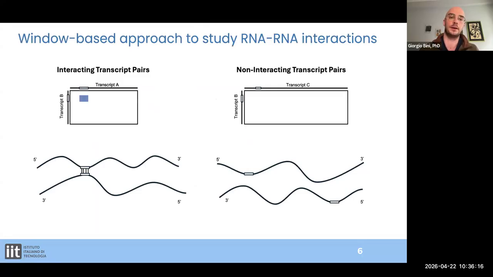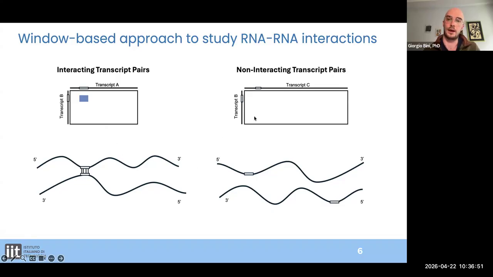Here I go a bit more into the methodology behind our evaluation framework. How do we model these sequences? In this schematic representation, two interacting transcripts can be seen as a contact map, where we have all the pairwise connections between the nucleotides, and here we have the interacting region highlighted in blue, or as below with a sequence level view.